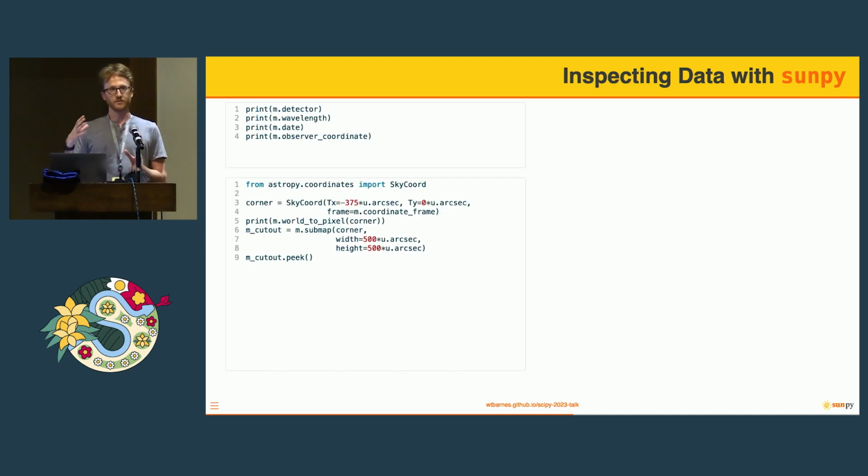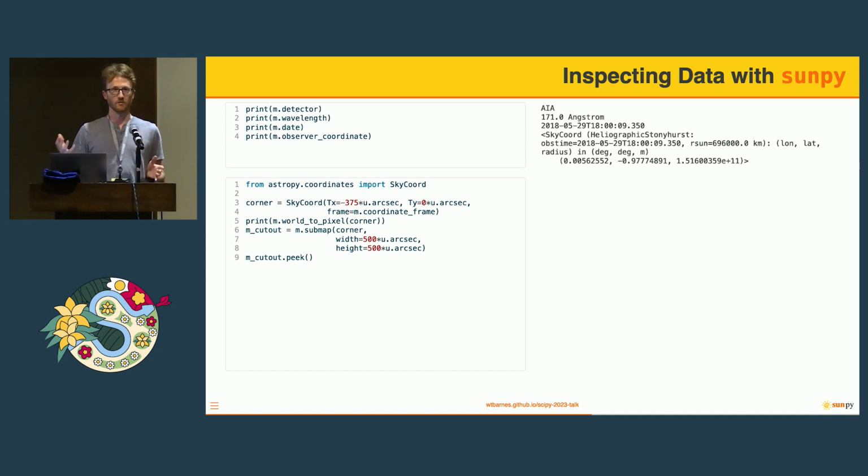Now that we have those data in nicely packaged data containers with our underlying metadata, we can inspect each of these objects and pull out certain properties of that observation. Things like what detector made that observation, what wavelength it was made at, when it was taken, and where the satellite was.